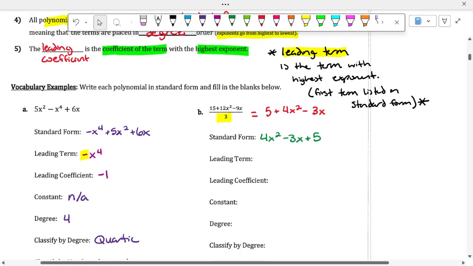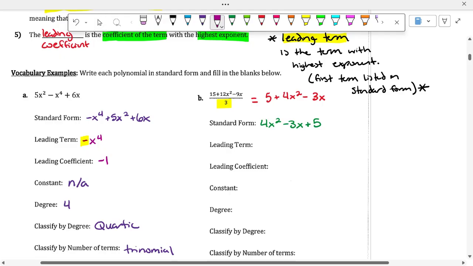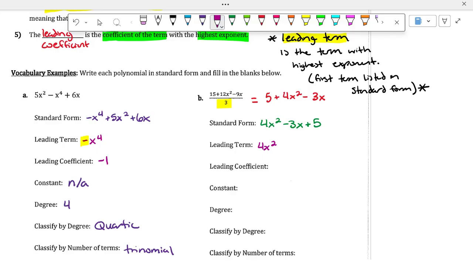So what is the leading term? 4x squared. What's the leading coefficient? The 4. Is there a constant here? You sure? Yeah, there's a constant. What is it? 5. 5 doesn't have a variable, so it's considered the constant.